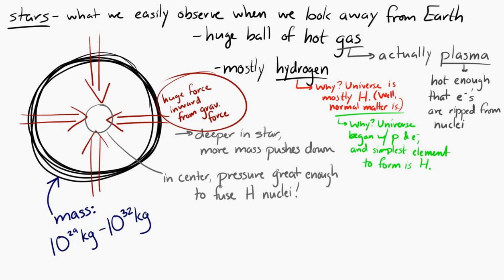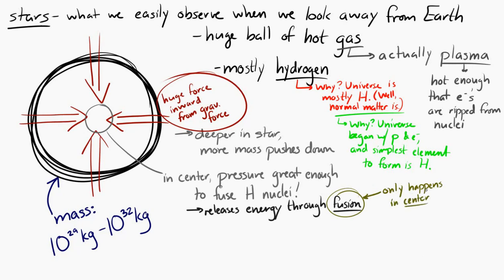This fusion of hydrogen, we've seen, releases energy. Fusion is the energy source of a normal star. And note that this fusion only happens at the center of a normal star. In the outer part of a star, the pressure is not great enough to cause the hydrogen nuclei to fuse. It's only at the core of the star that it's great enough.